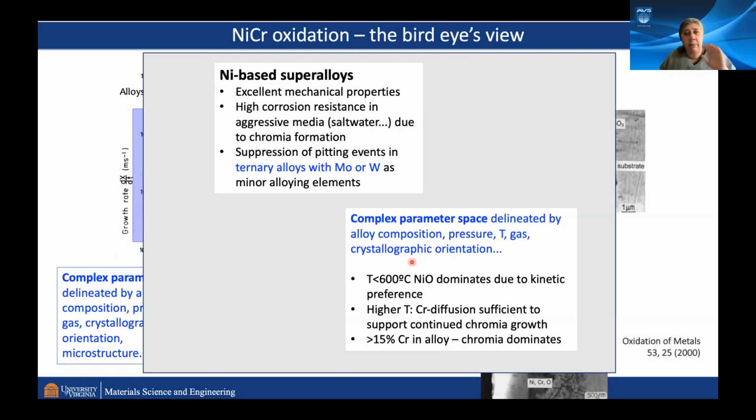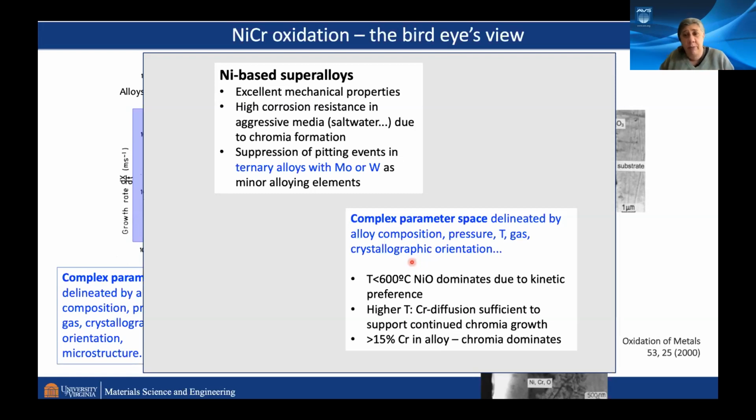So generally above 700 Celsius, chromium will dominate because you have much more diffusion in the alloy, so you can get to the thermodynamically preferred situation. You also need roughly about 15% of chromium in the alloy to get to that point. So the question is, what happens if we are not at high temperature and if we don't have an extremely chromium-rich alloy?